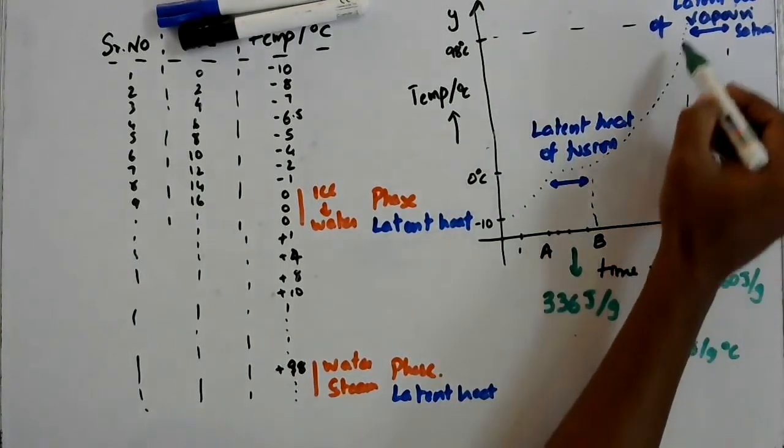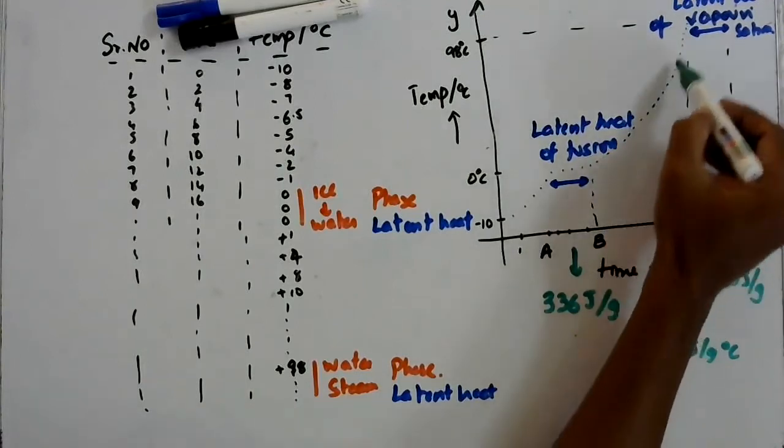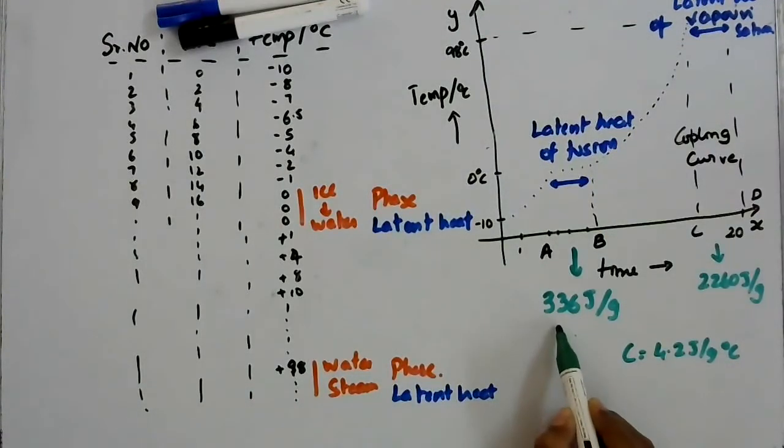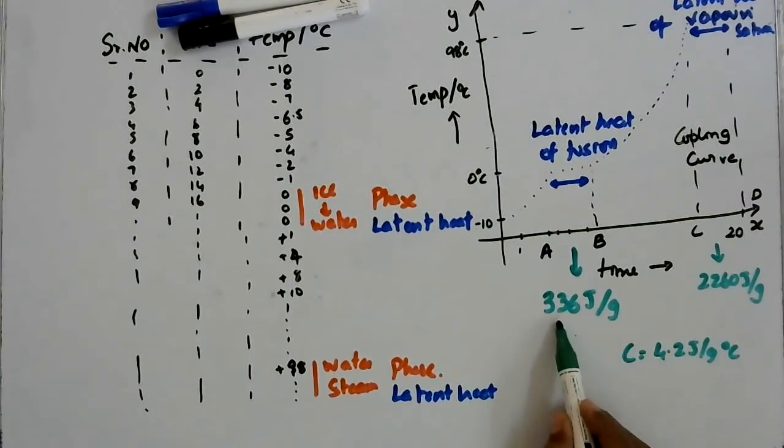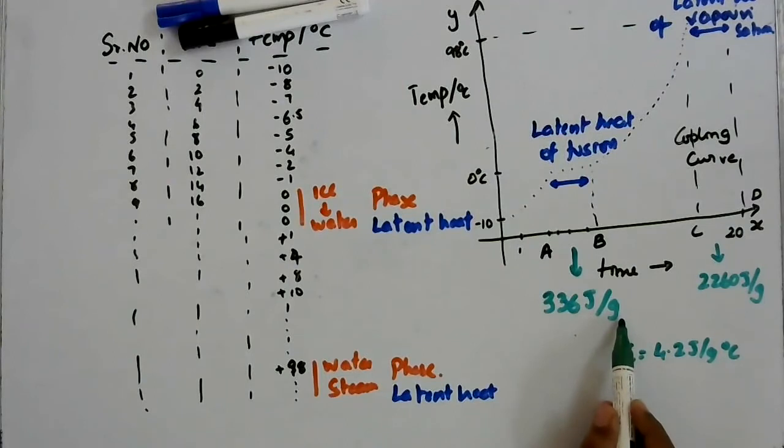Okay, so these three values are worth remembering. But 336 joules per gram, almost 100 times of this number, is what is required to convert ice to water. And here note that degree Celsius is not mentioned because there is no change in temperature.